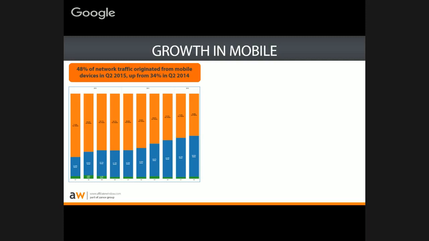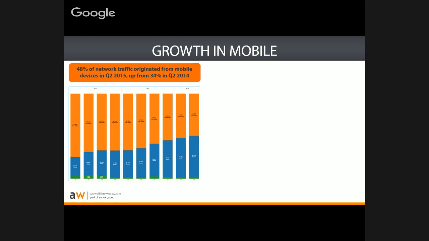We publish a lot of mobile stats and mobile data on the network, and we do that because we wanted everybody, both ourselves, our clients and our publishers, to track the development and growth in mobile usage over time. Because at some point we knew it was going to reach a critical period where something had to be changed to ensure our model was well set up and protected against any issues in the future.